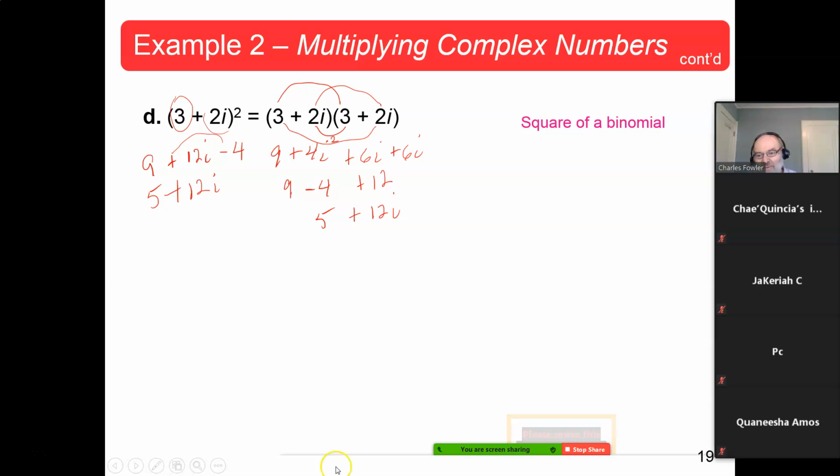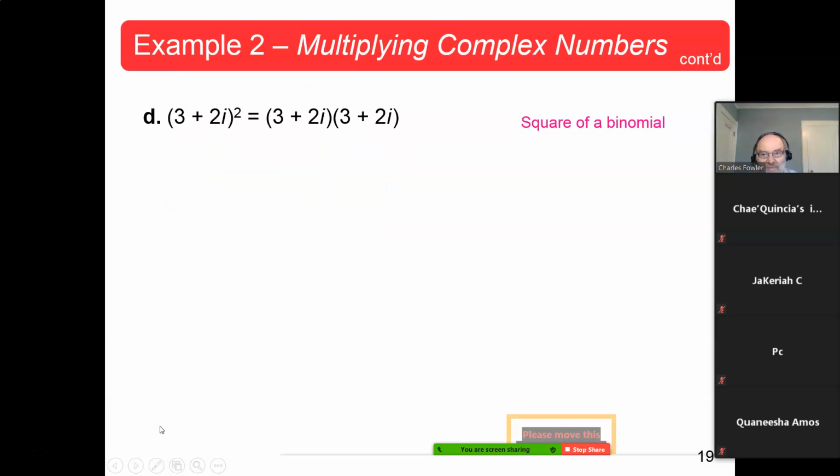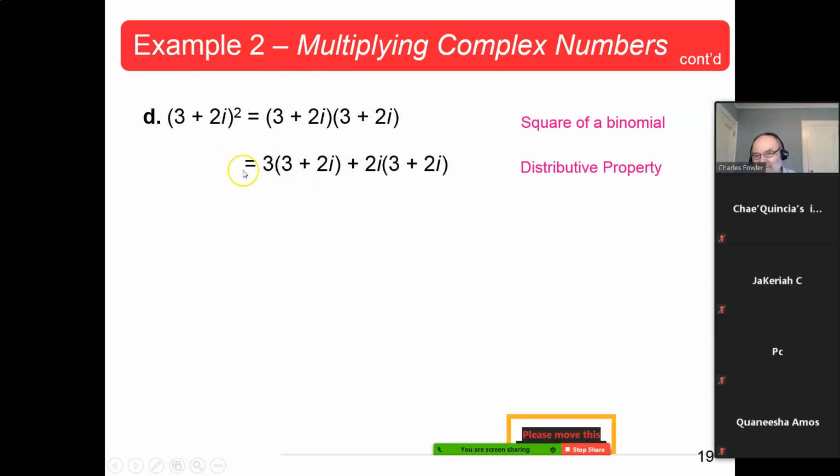Let's see how they do it. They find a more awkward way to do it, but let's see what they get. They first distribute, and to me this is such a pain to do it this way, but it's fine. And then they distribute again. That would be a 9 plus 6i plus 6i plus 4i squared, which I'm sure is what they're going to get.